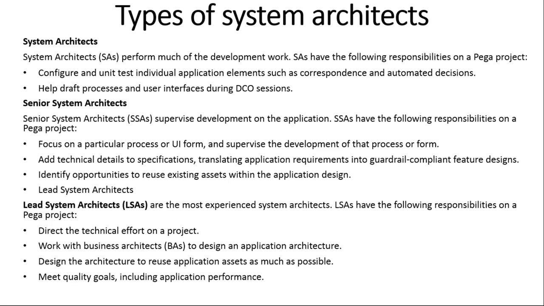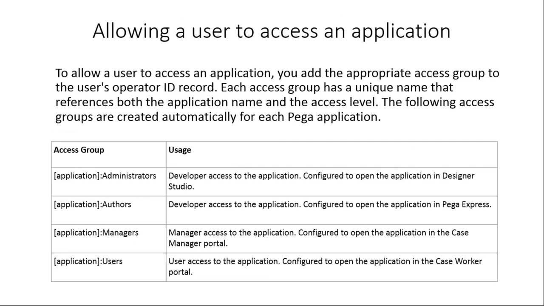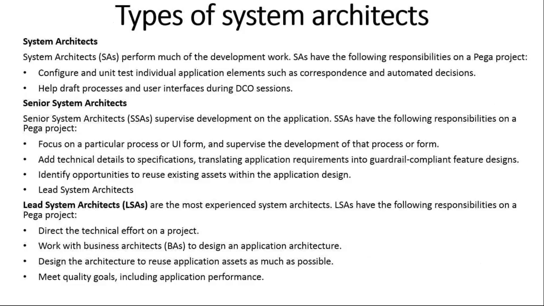So these are the 3 certifications. Okay, so this is from the development perspective. And what about the business architect perspective? For the business architect also, a Certified Business Architect certification will be there. That certification will be done by the business architect. So there are 3 system architect levels.